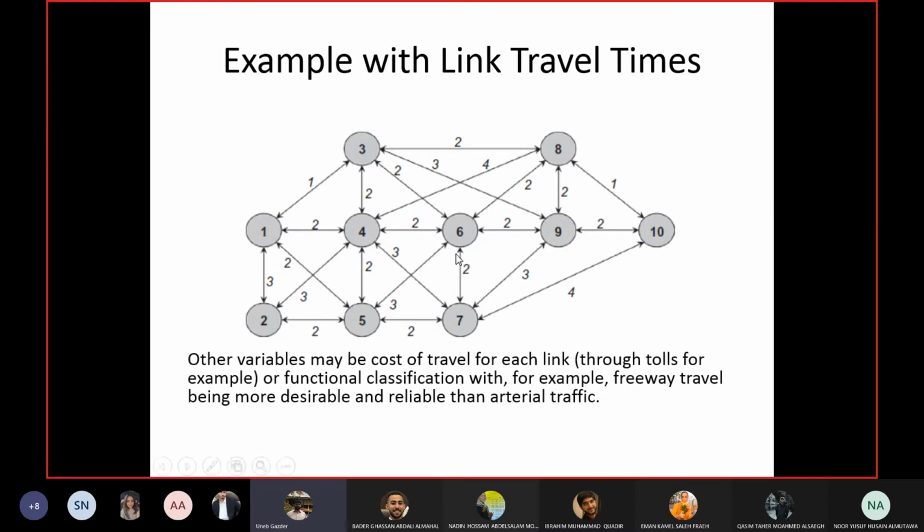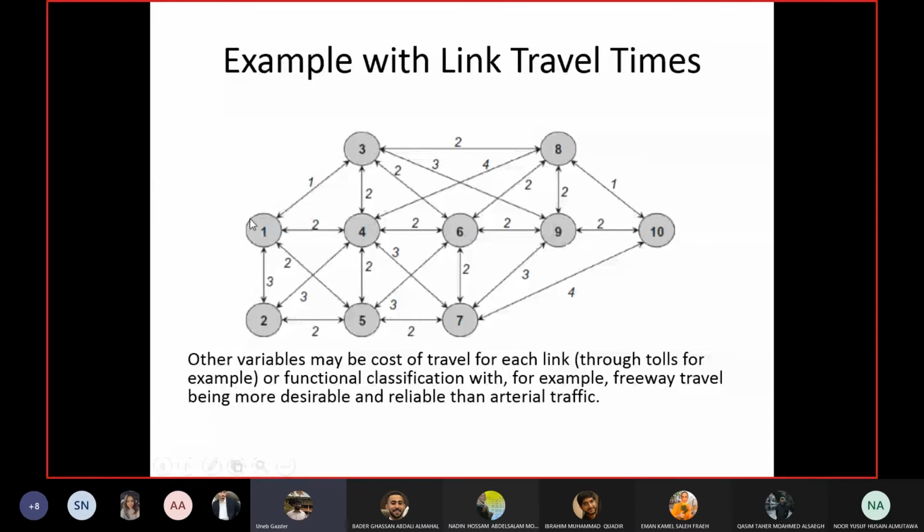Instead of travel time, you can use other variables as well. For example, cost. Okay, or you may use functional classification. So like arterials, collectors, local routes, you can add them here as well. So for example, why can functional classification be important? People may like to travel more on arterials as compared to local routes.